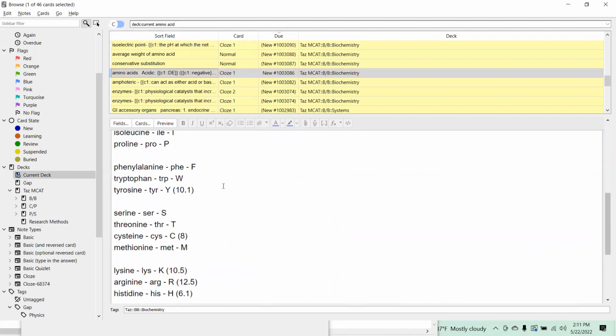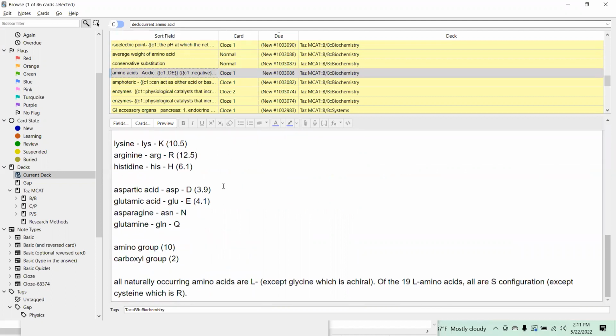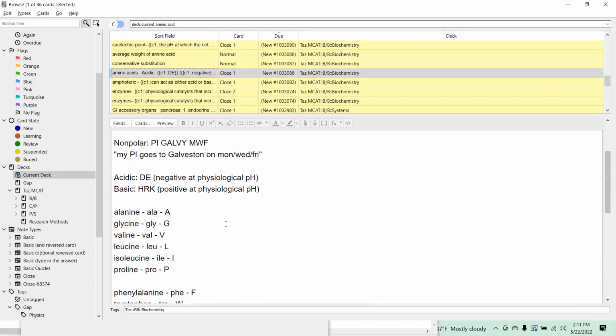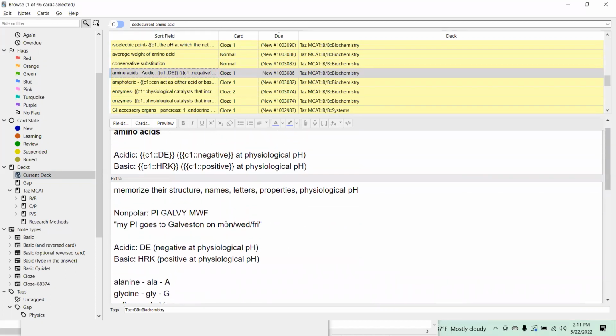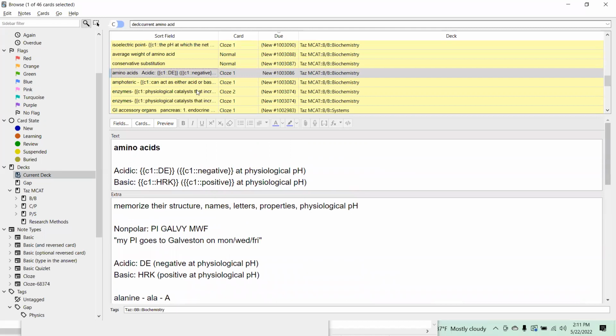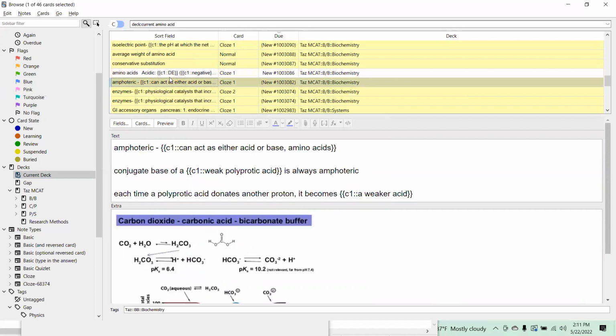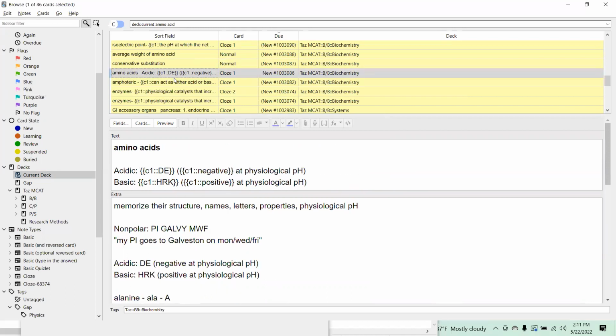This is a giant card that has all the amino acids. This is not the best way to memorize it, because you're going to have to memorize the amino acids one by one, or break it down into separate bits. Okay, so that's basically the idea there.